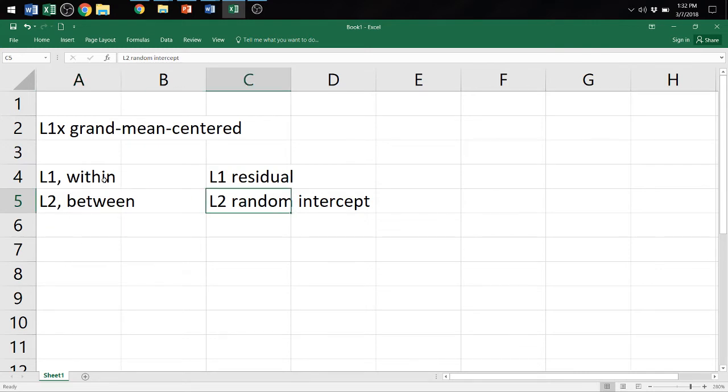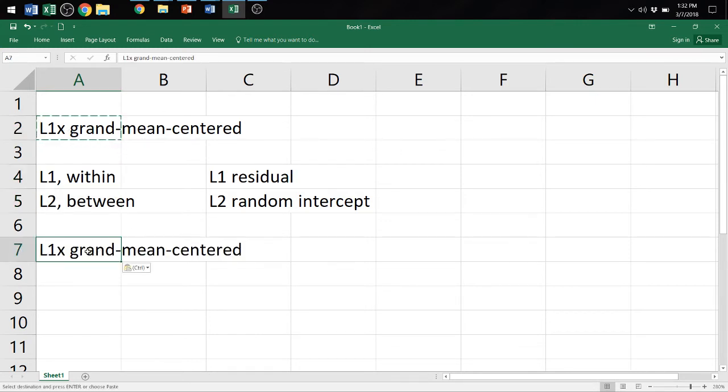Now this is what we refer to as the smushed effect, because only putting in one predictor for both of these things says that both of these things have to have the same fixed effect. If you instead take your level 1 predictor, and I'm just going to use the generic term here that it shows up in chapter 11, variable centered, meaning you've centered it at a person mean or a group mean, but the point being is that the thing you've centered it with is a column in your data set.